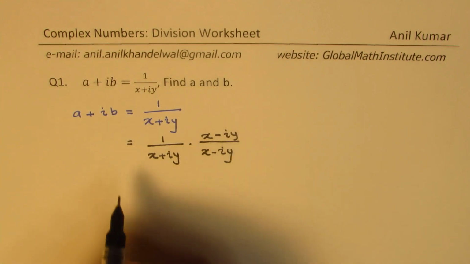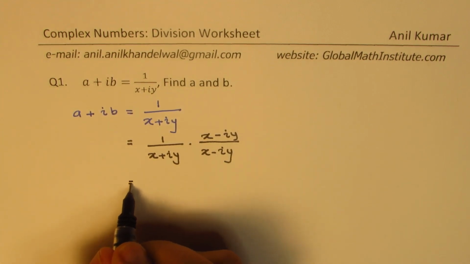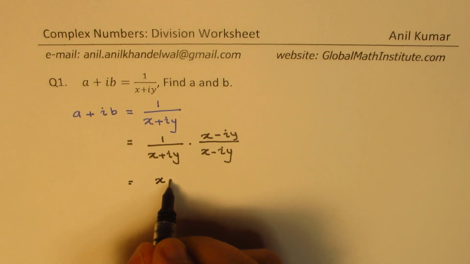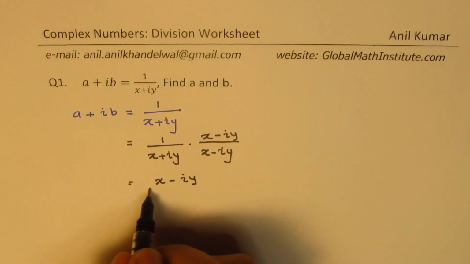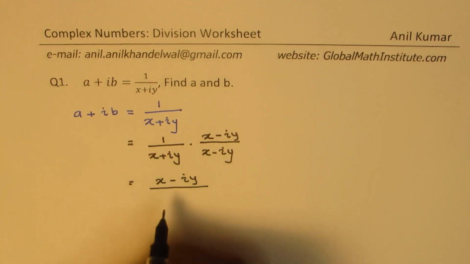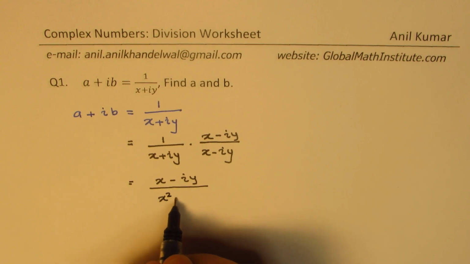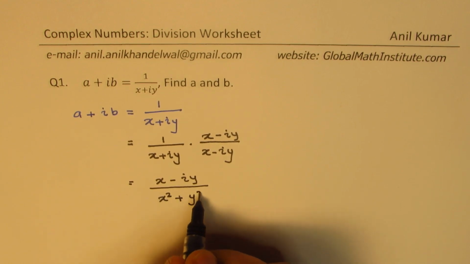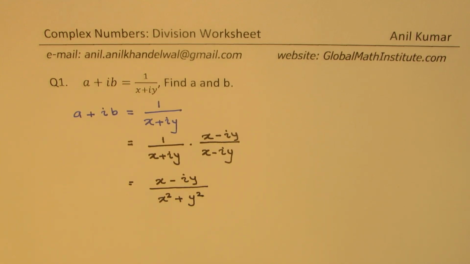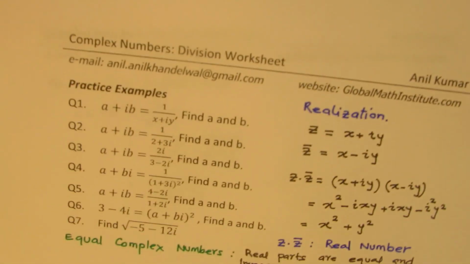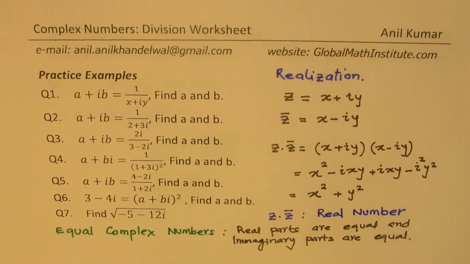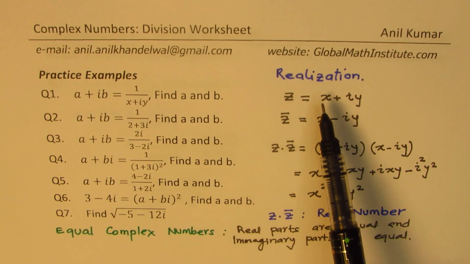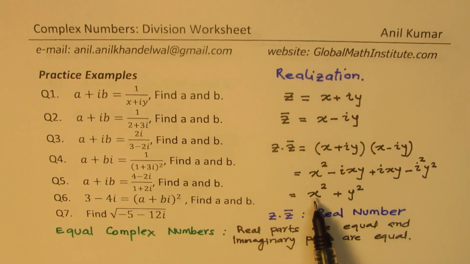So as we had seen earlier, we get x minus iy in the numerator, and the denominator will be x squared plus y squared, correct? This is what I had shown you right in the beginning. So instead of doing all the steps, I'm writing the final statement, which is x squared plus y squared.